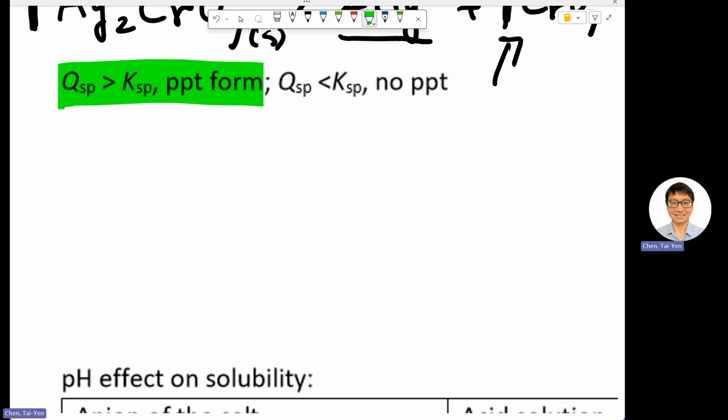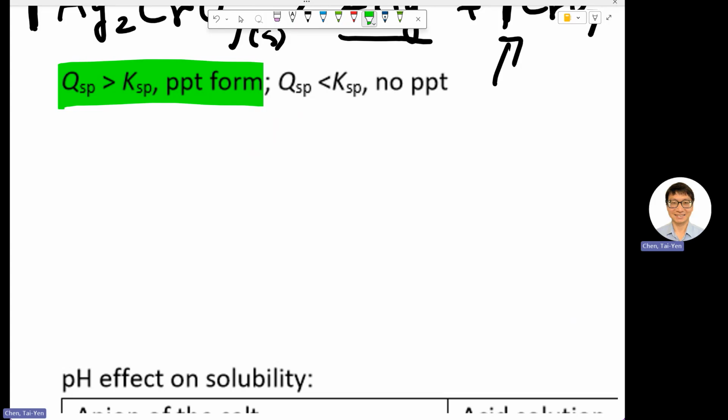Okay, so the Qsp is the situation when you mix any solutions, right? And then you can always compute your Qsp. If your Qsp is larger than your Ksp, it means you have more product than reactant, right? So how do we eliminate those products for the insoluble salts?